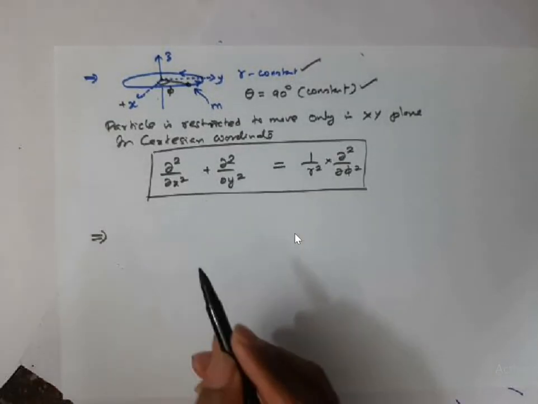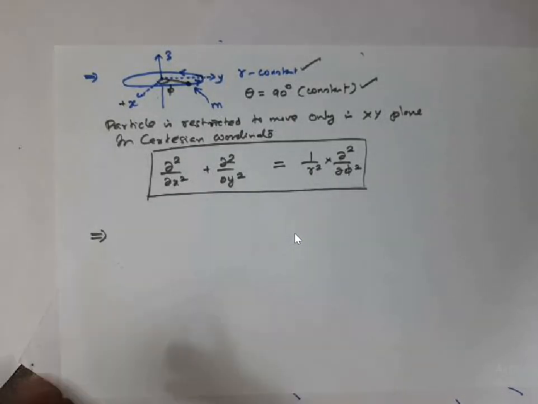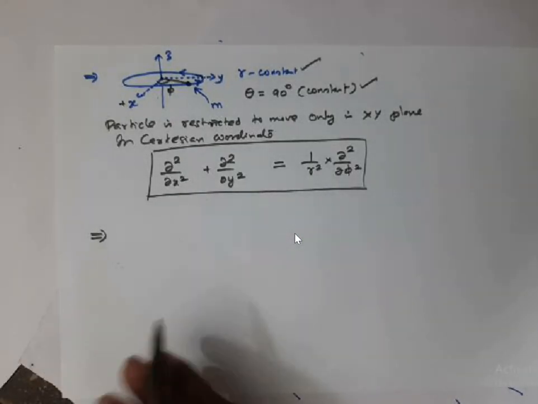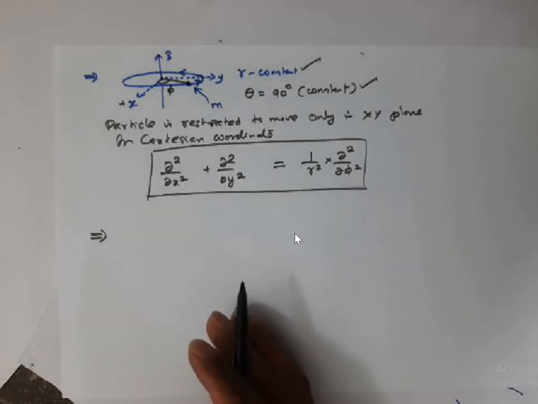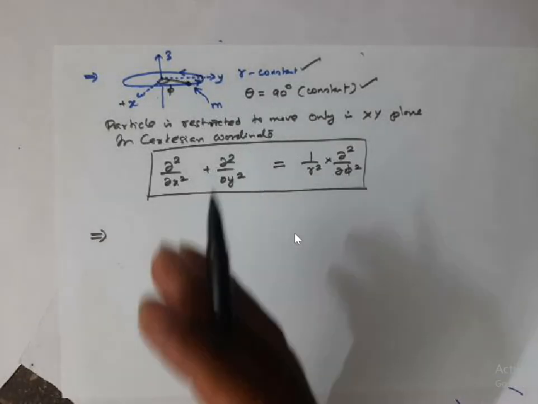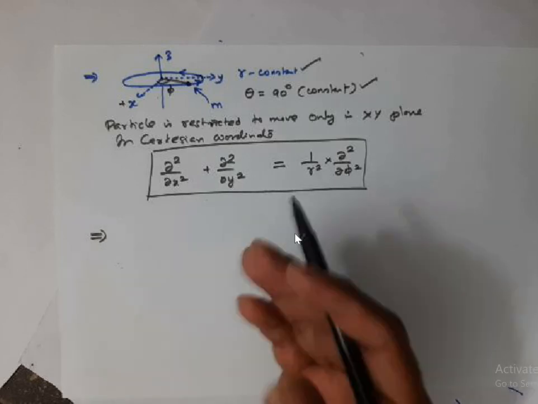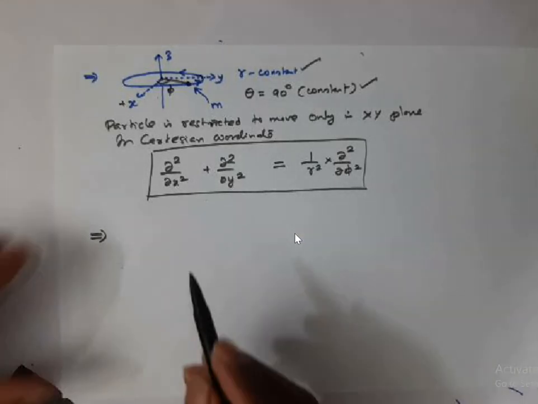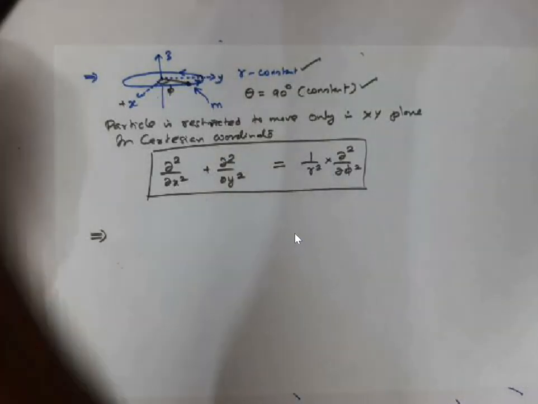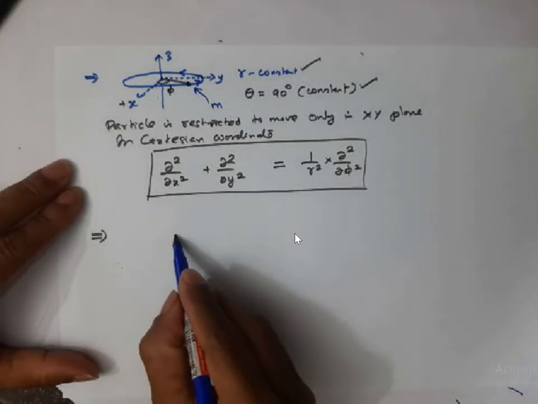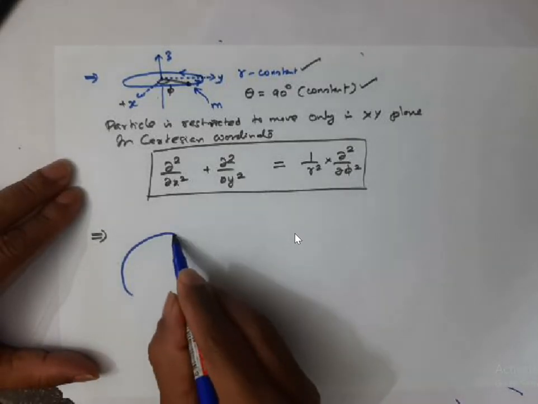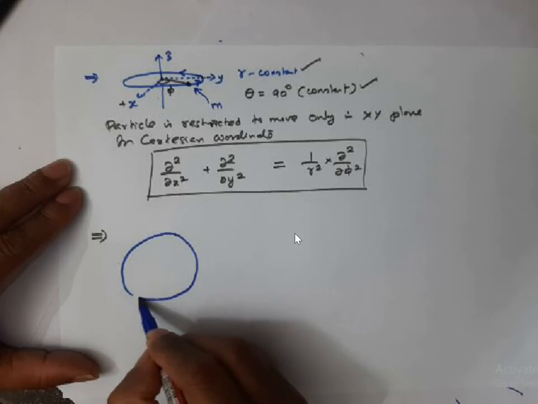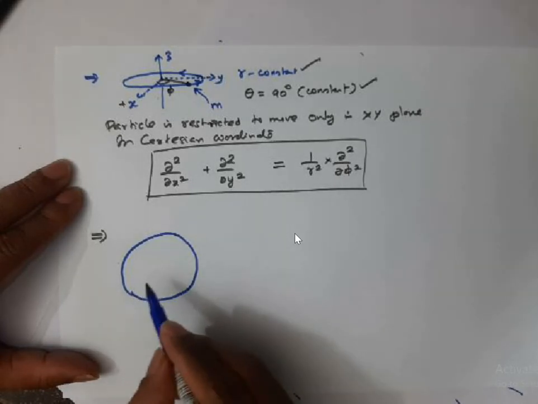Similarly, in the case of spherical symmetry, if the particle is moving on a sphere of radius r, in that case both theta and phi values will change. Let me just show that. I have already given this point, but anyway, let me show you.